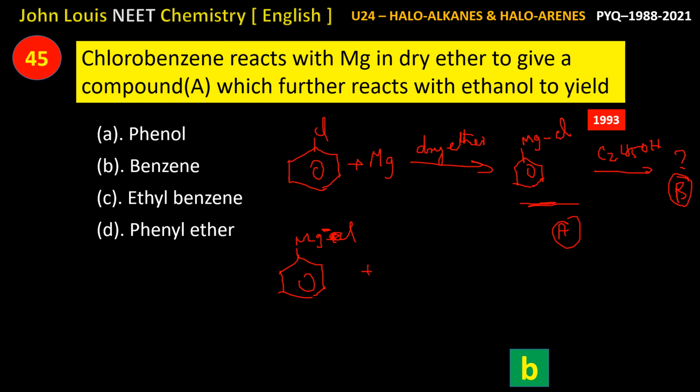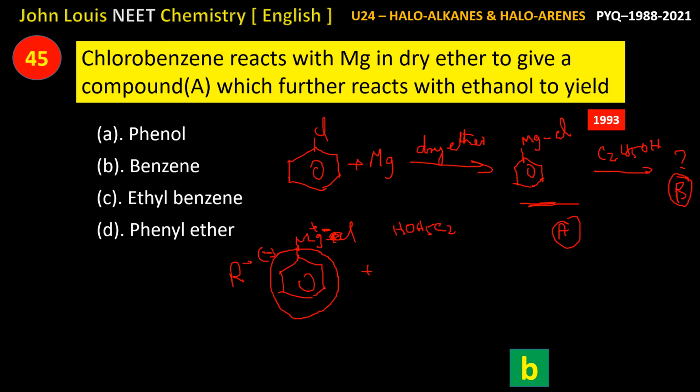It is treated with ethanol, C2H5OH. In Grignard reagent, this phenyl group, this R group, is a carbanion, that is R minus. So this is a negative ion. Mg is partially positive here and Cl minus. Because Mg is more electropositive than this carbon, the electron will go towards the carbon, because carbon has more electronegativity.